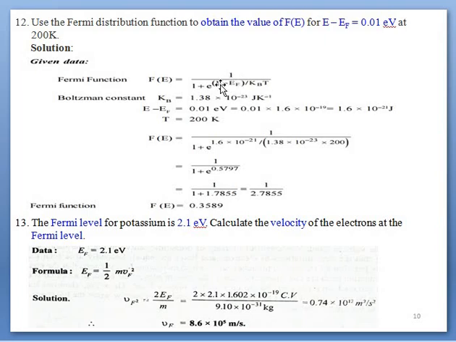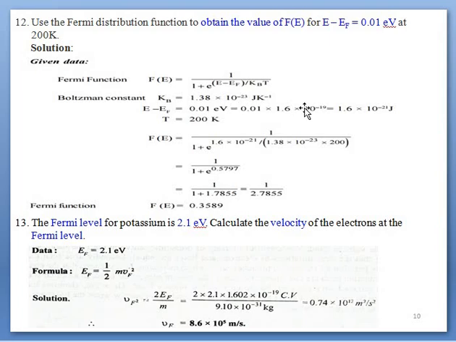So the numerator is in electron volt and the denominator is in joule, since T in Kelvin cancels the Kelvin inverse. One of them needs to be converted into the other unit. So here 1 electron volt is converted into joule: 1 electron volt equals 1.6 into 10 power minus 19 joule.